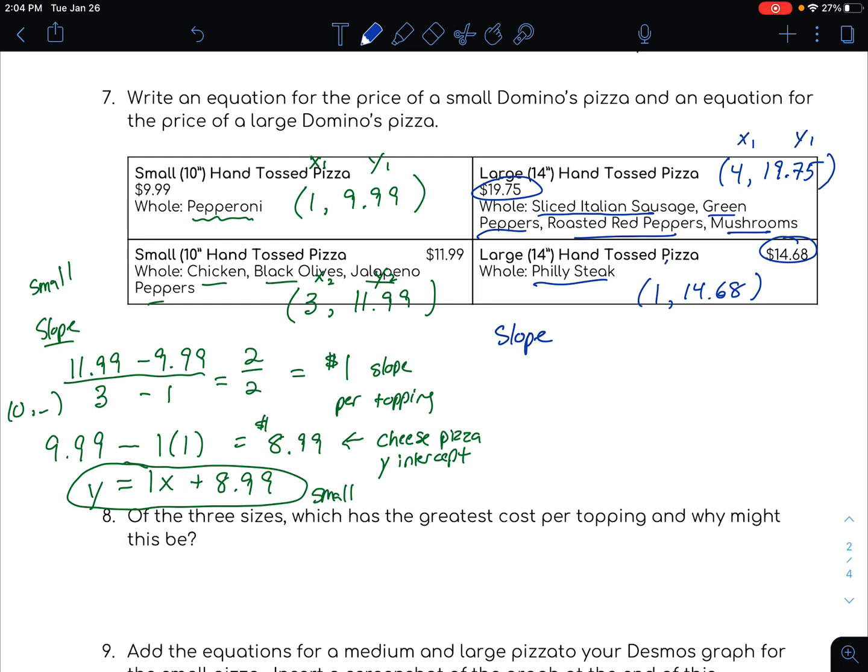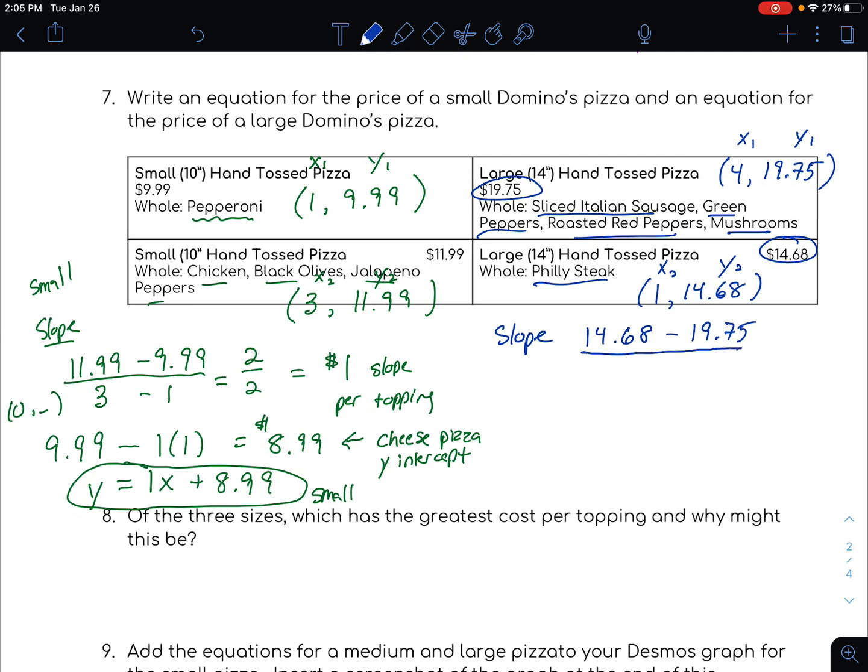So x1, y1, x2, y2. All right, so let's see, we've got 14.68 minus 19.75. I probably should have reversed those, but oh well.